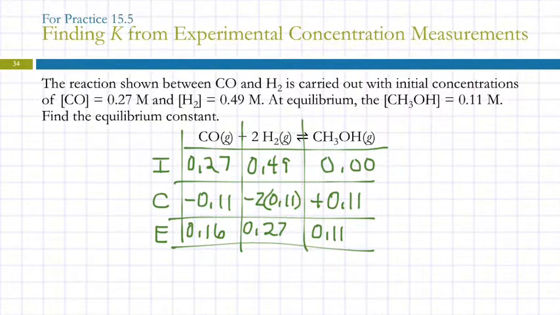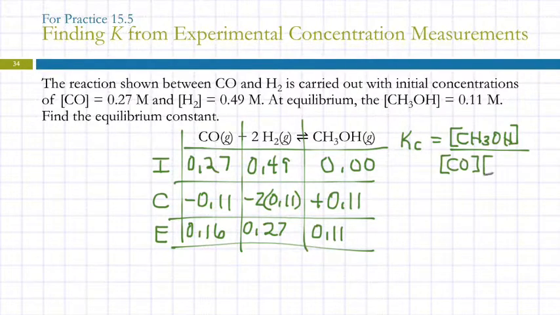Then we need the equilibrium constant expression. So Kc equals the methanol divided by carbon monoxide and hydrogen squared.